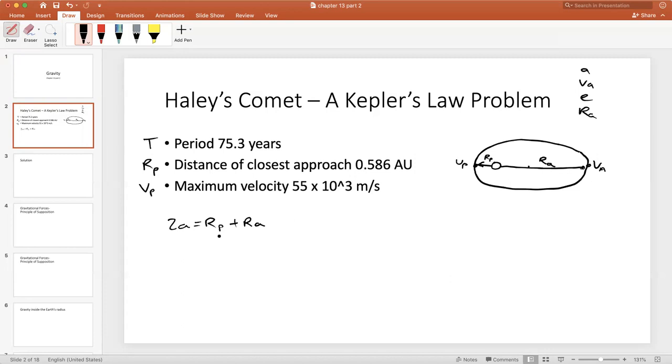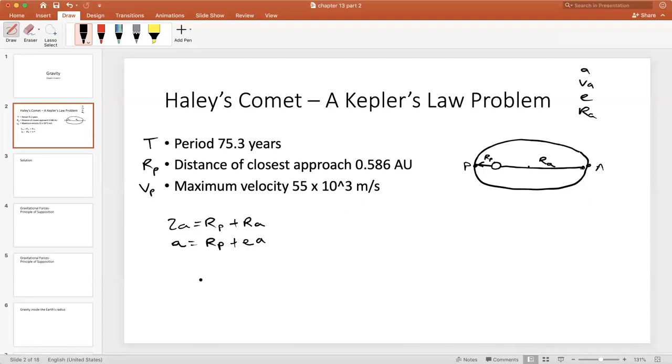So 2A is equal to RP plus RA. We also know that from here to here, let me call these just perihelion and aphelion, because that's what they are. This is P, and this is A. Perihelion, this is aphelion. We know that this is EA, and this is RP, so A has to equal RP plus the eccentricity times the semi-major axis.